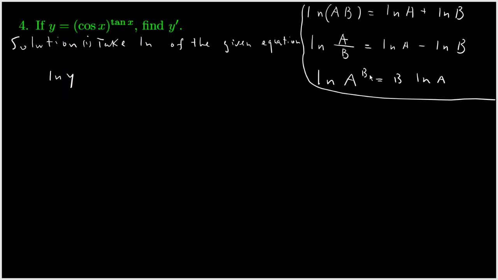And then be careful, the right hand side you need to use a few properties to make the right hand side a little better. I'm going to do this one a little slower. For the right hand side, you take natural log of the whole right hand side. It's cos of x to the power of tan of x.